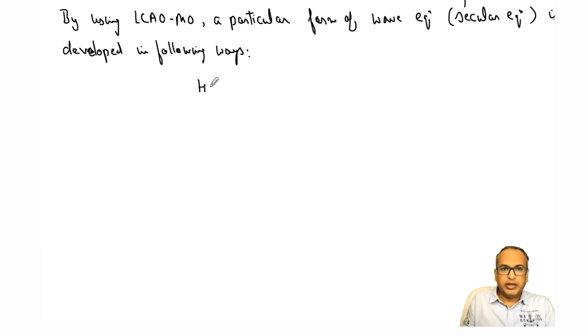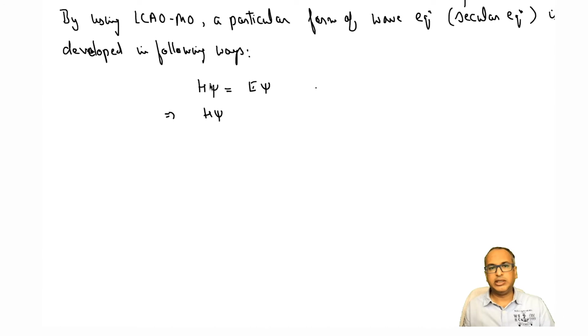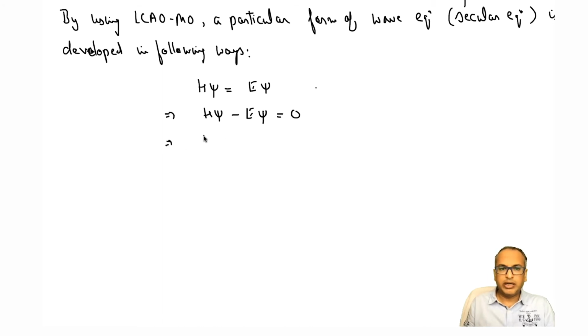So we all know that we can write H psi is equal to E psi. This is the Schrodinger wave equation. H is the Hamiltonian, E is the energy, psi is the state function for the molecular orbital. We have already discussed this before, so let's not spend time on it. Also, we can take psi common and write k over here.